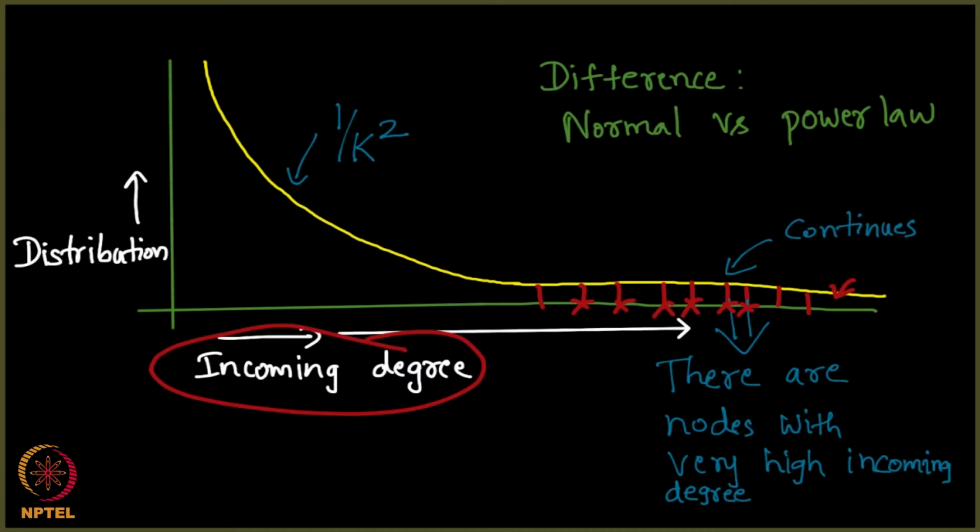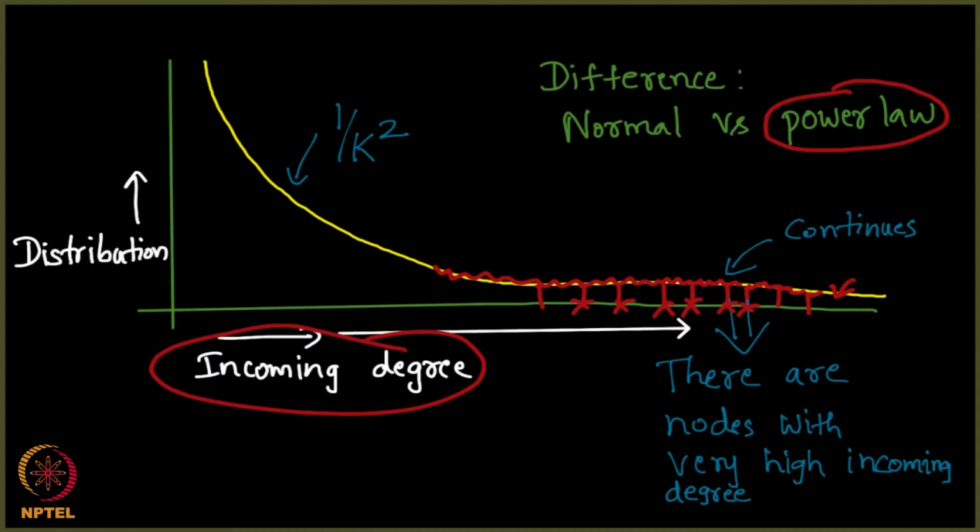That was not the case in normal distribution, as you remember, correct? The power law simply says that the curve extends beyond a stage, and it is close to the x-axis, although it doesn't become equal to the x-axis. It goes on, which shows us the existence of nodes that have very high incoming degree, right?